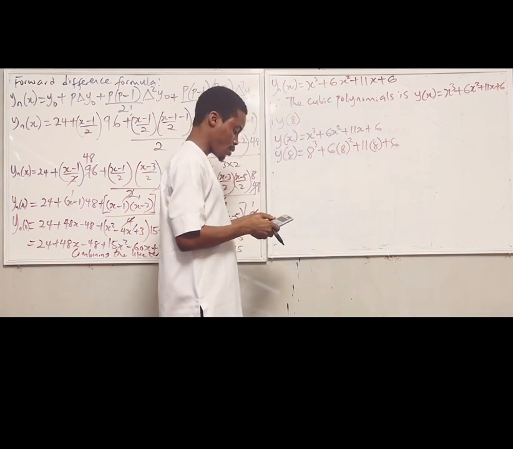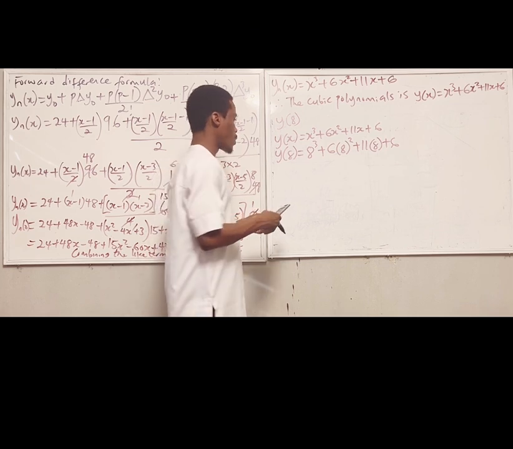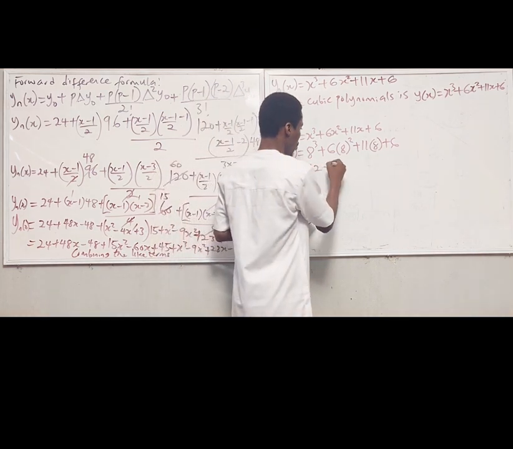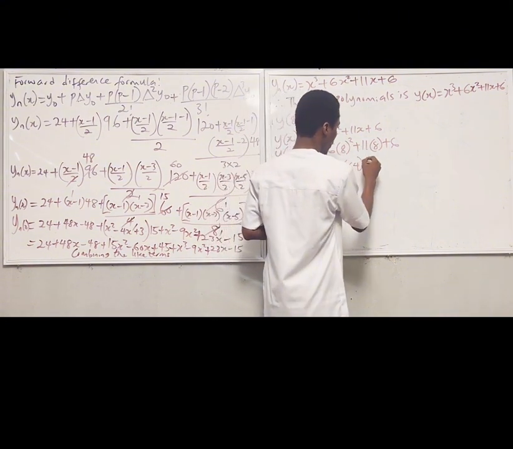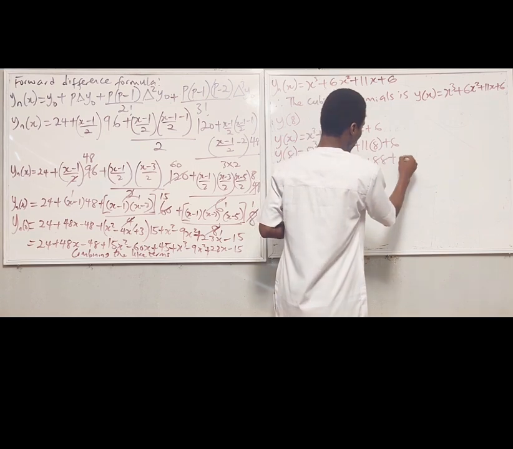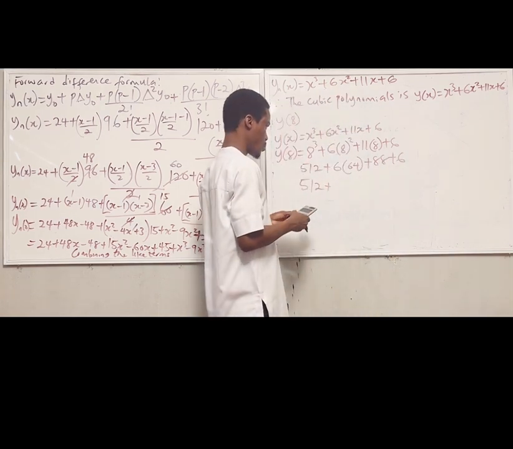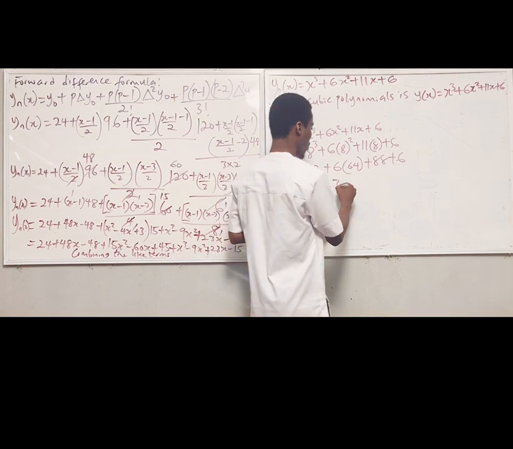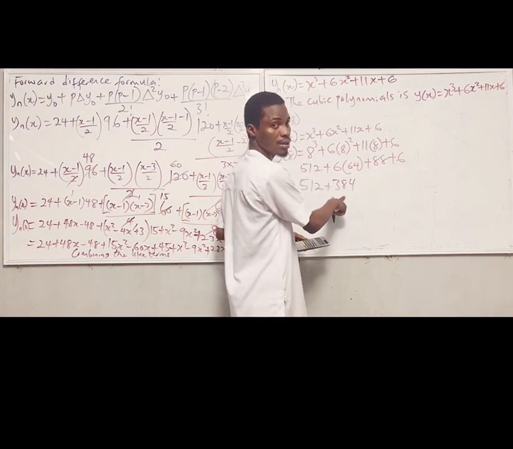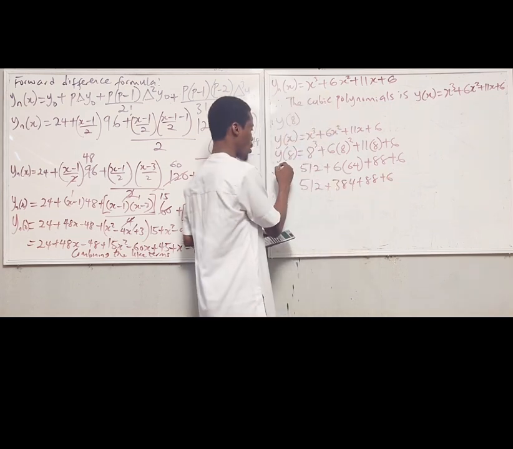So 8 raised to the power of 3 is 512, plus 6 times 64, which gives me 384, plus 88 plus 6. That is my y of 8.